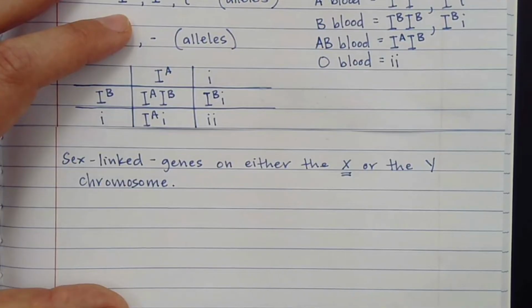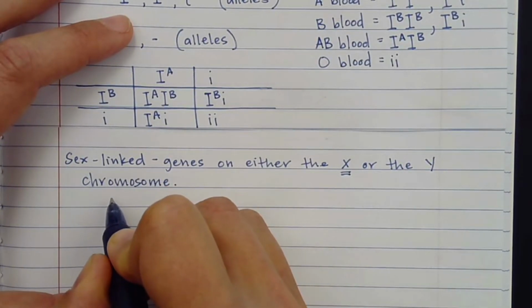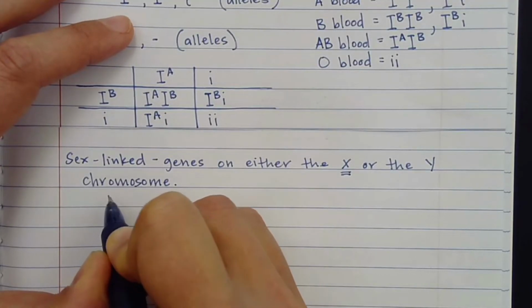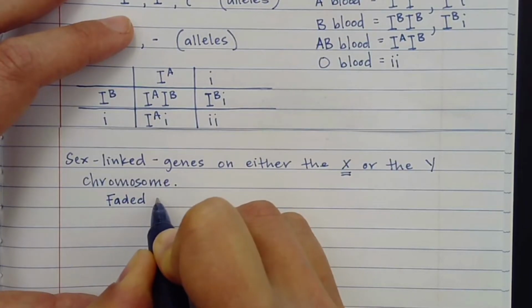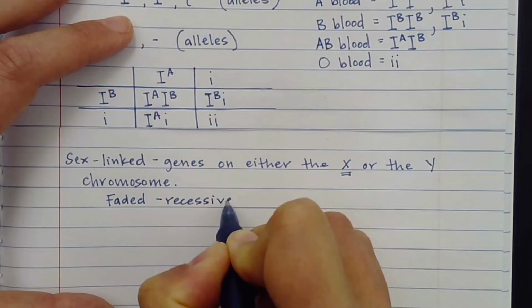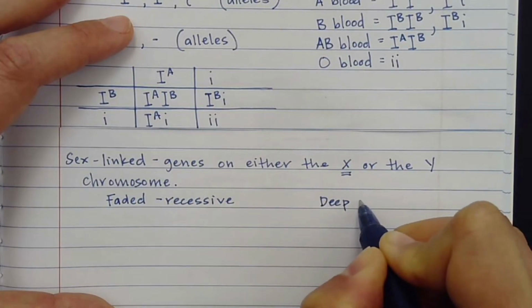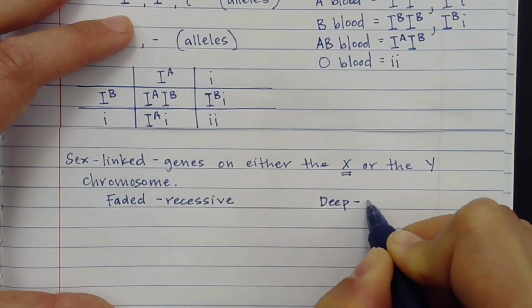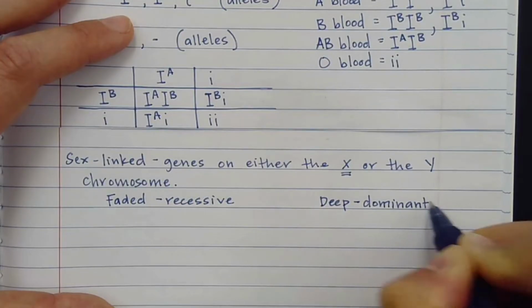So let's look at an example from our Drake game where we've got two possible colors. You've got faded, which is the recessive trait, and then you've got deep, which is like a really full, bright color, which is the dominant trait.